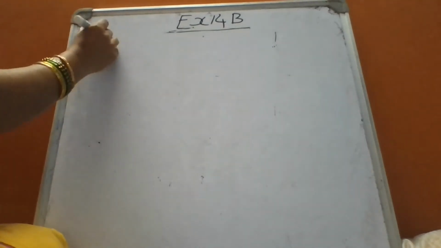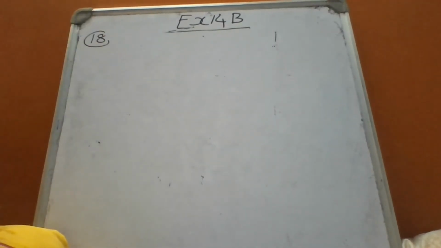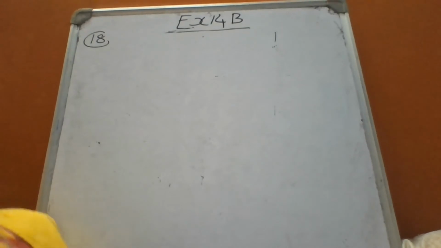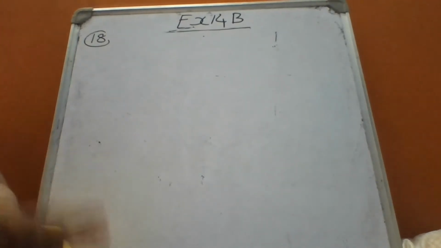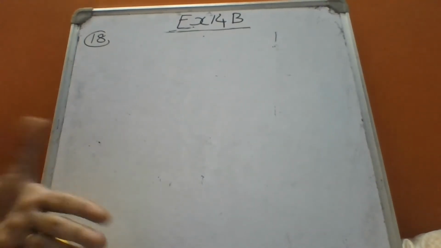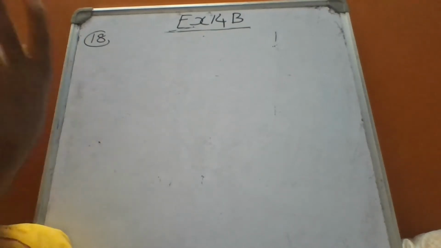Next question I am solving here is the 18th one. Okay. So this 18th one, the question goes like this: 3 consecutive whole numbers. So there are 3 consecutive, means continuous, whole numbers.